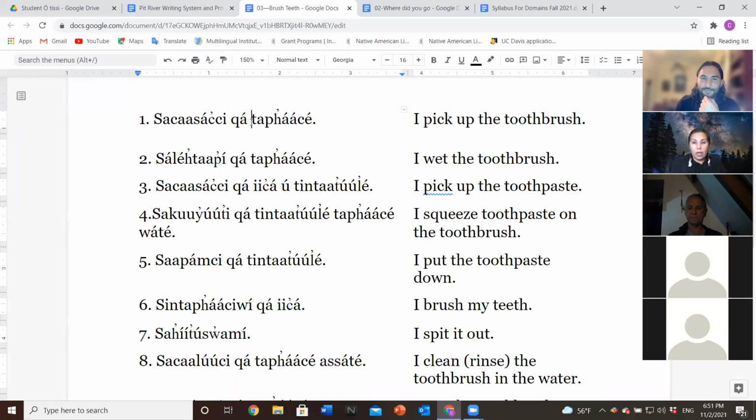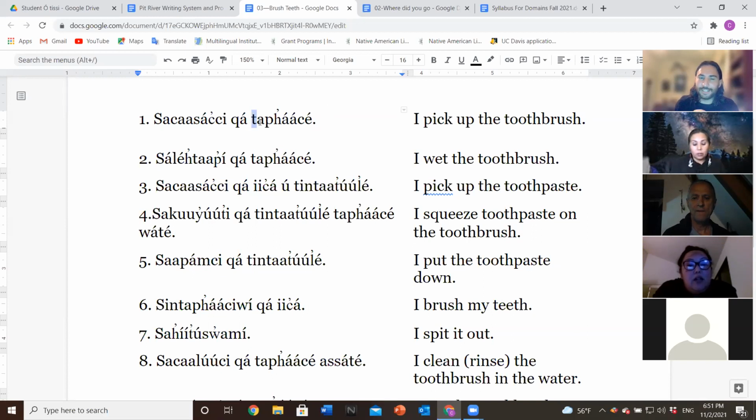I think you're saying it, but sometimes I'm hearing dapaje instead of dap ha je. Are you guys hearing the whole H, or is that just me?